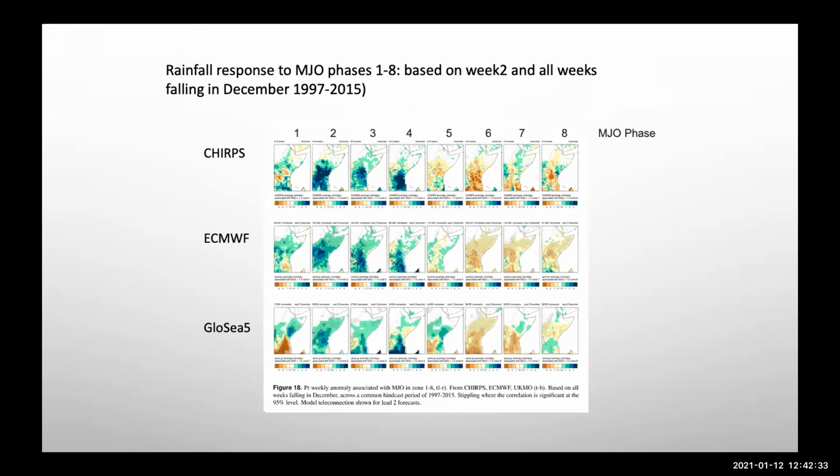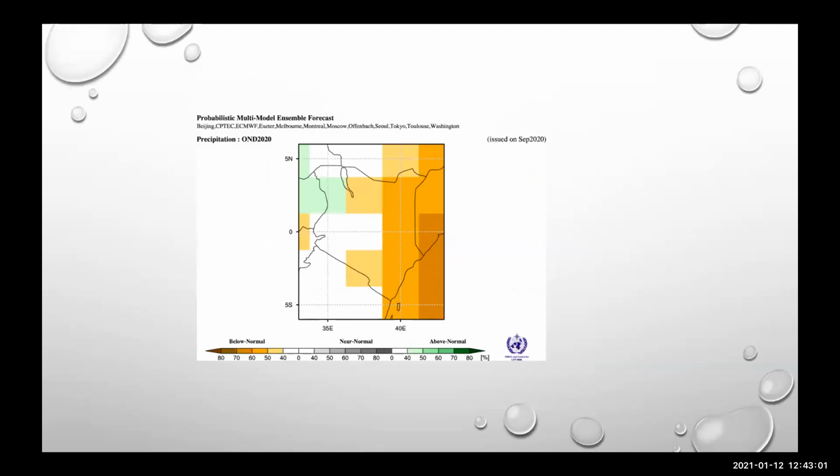As you can see, the phases here for MJO are quite varied for the GloSea5, for the CHAPS, and ECMWF. Through another project called the 4PAC project, we are able to access some of this information that really helps us whenever we want to know the kind of phase that we are in when you look at the MJO and how it's going to affect our weather in Eastern Africa. Through the WMO site, we can also get the ECMWF forecast, and you can see it's a combination. These are just an ensemble.